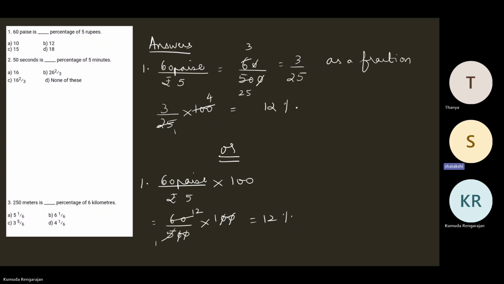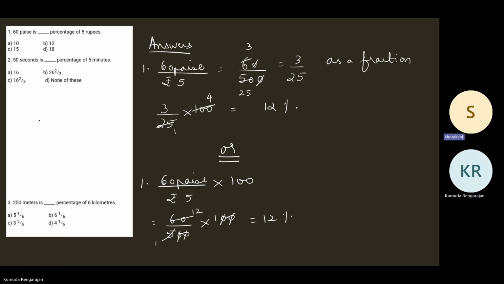No, I got 12%. I simplified it. I simplified 60 as 12 into 1. What have you written? Tell me. 60 by 100.